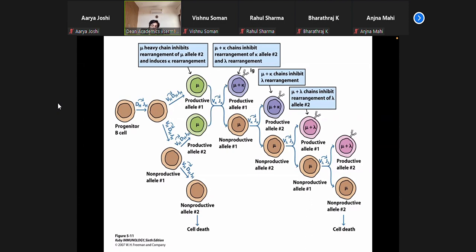And if lambda is successful, good. Yes, you have to go through different steps. So this is not happening in one step, but nonetheless, you are able to rearrange both heavy and light chain.